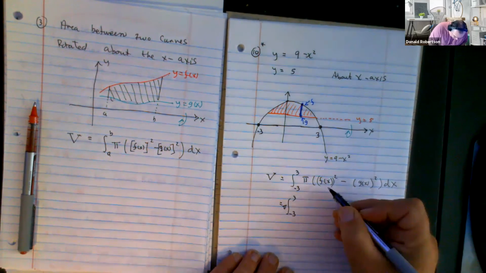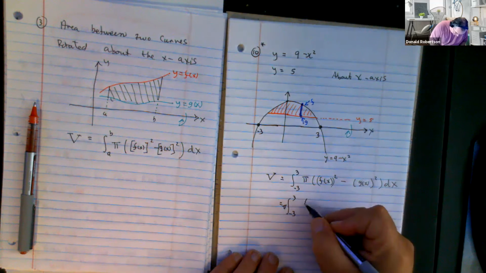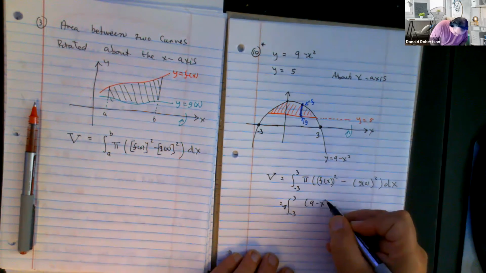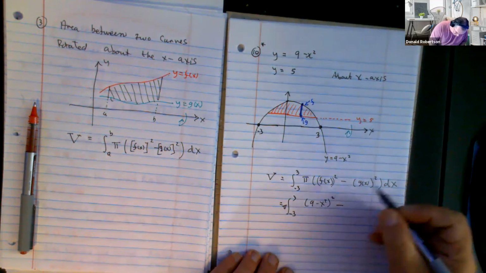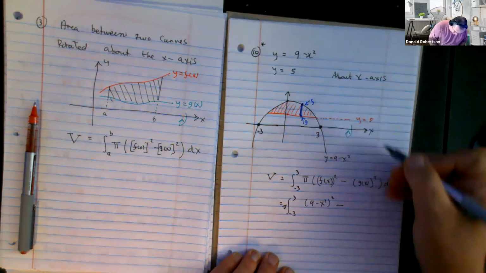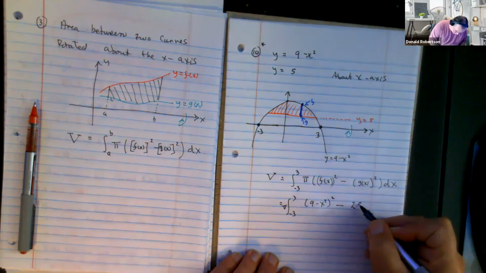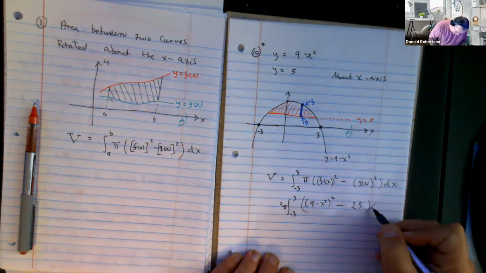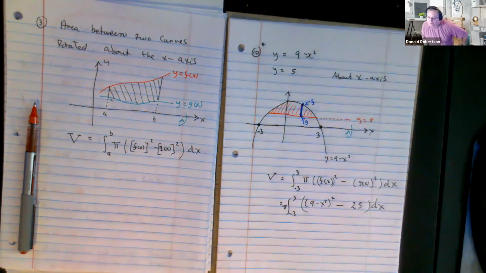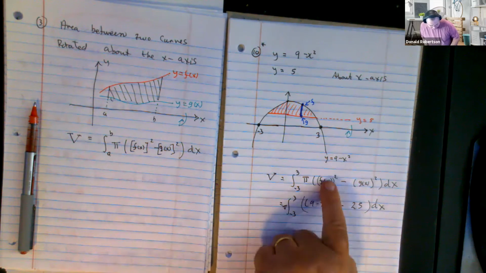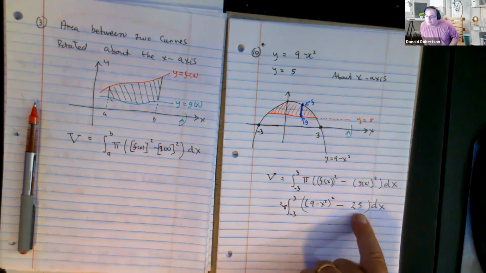If you take f of x, which happens to be 9 minus x squared, take away the other one, which just happens to be 5. So 5 squared is 25. We're looking at that. So far, so good. F of x squared, and the straight line y equals 5, which is what g of x is, gives 25.